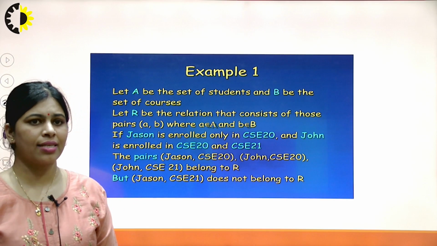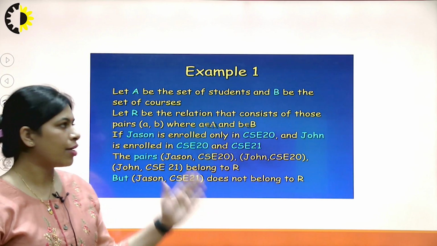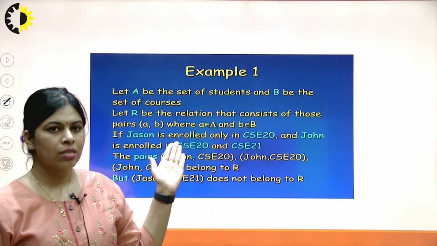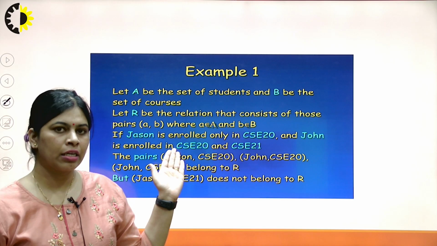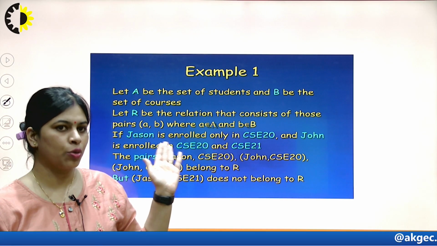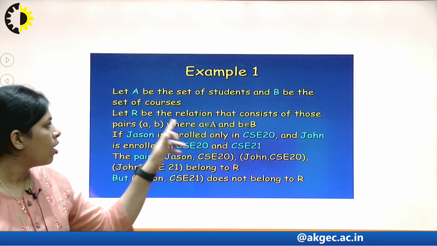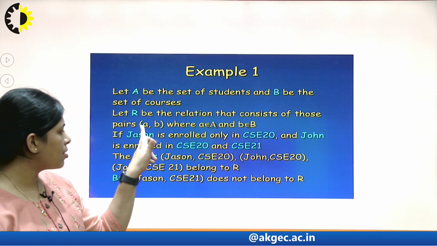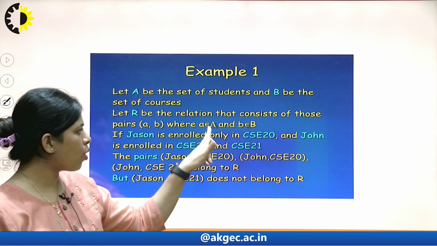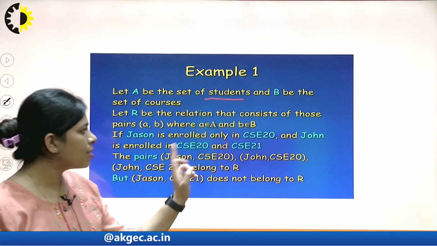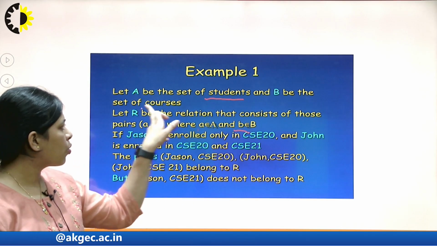Let us take an example. Let A be the set of students and B be the set of courses. Student is set 1 and courses is set 2. Let R be the relation that consists of those pairs (a, b), where a belongs to the student set and b belongs to the courses set.